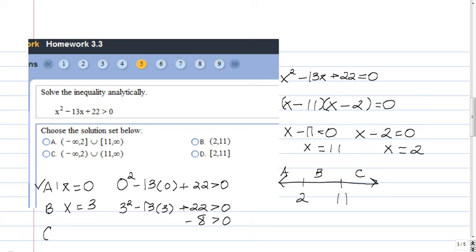And a number out of region C, anything larger than 11, so let's say 12. So is 12 squared minus 13 times 12 plus 22 greater than 0?